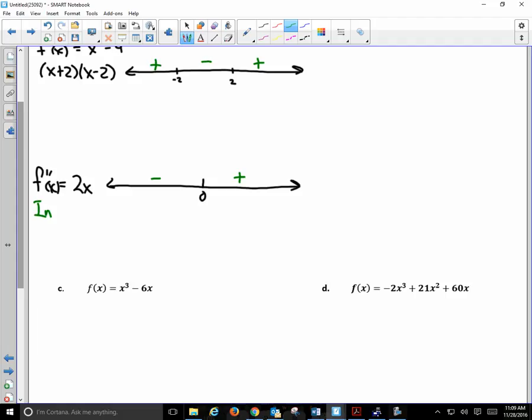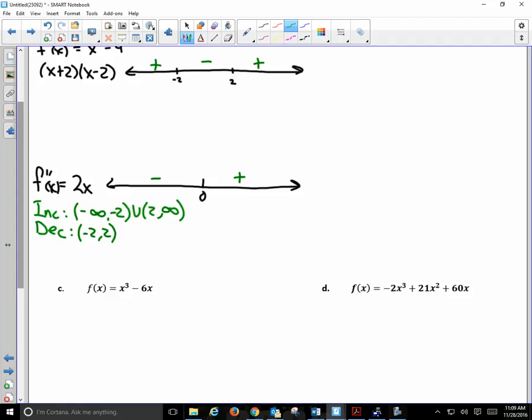Namely, we are increasing over what intervals? Do I find out increasing from the first derivative or the second derivative? First derivative. So I'm increasing from negative infinity to negative 2, union with 2 to infinity. Yep, wherever the first derivative is positive. I'm decreasing from negative 2 to 2.